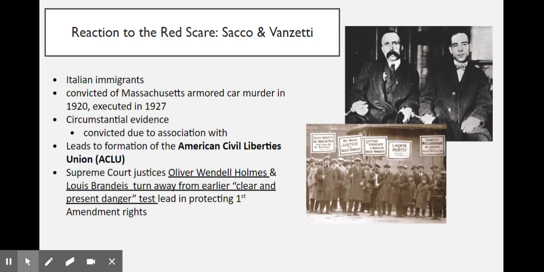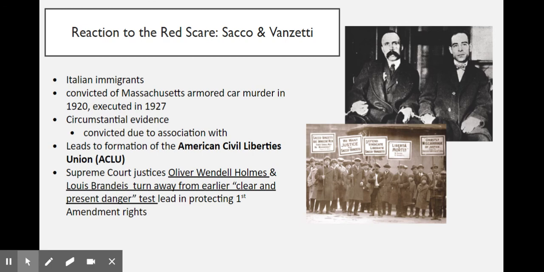Because of this case, the American Civil Liberties Union forms, and that organization ultimately provides legal representation and tries to protect the First Amendment. And they are a controversial organization because they protect the free speech rights of lots of people who may be considered pretty fringe by the standards of the majority population in the United States.